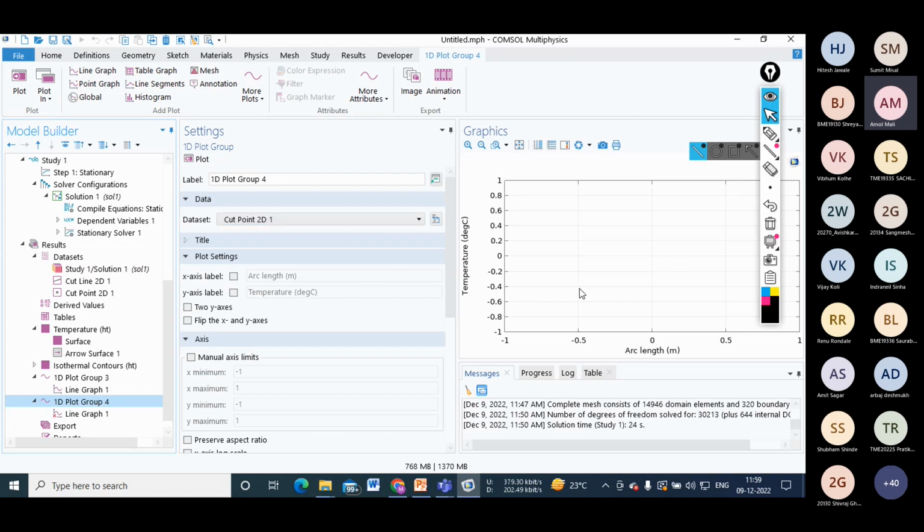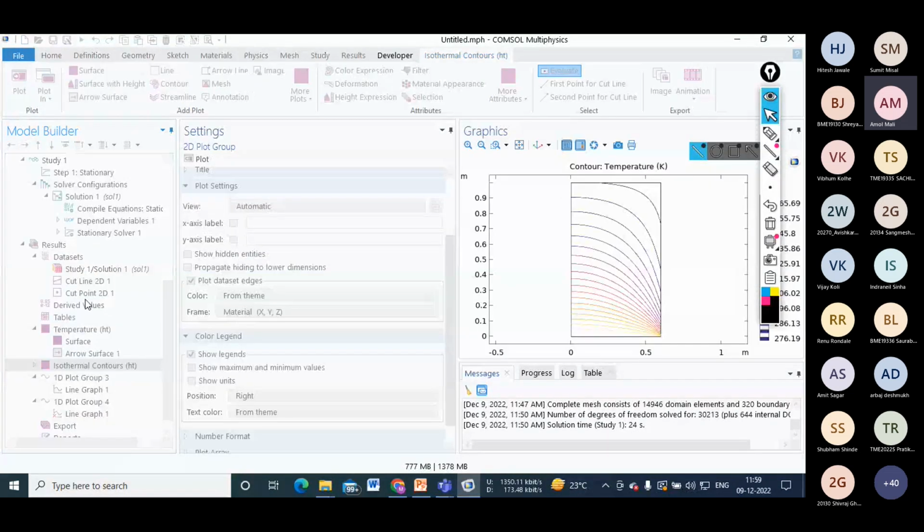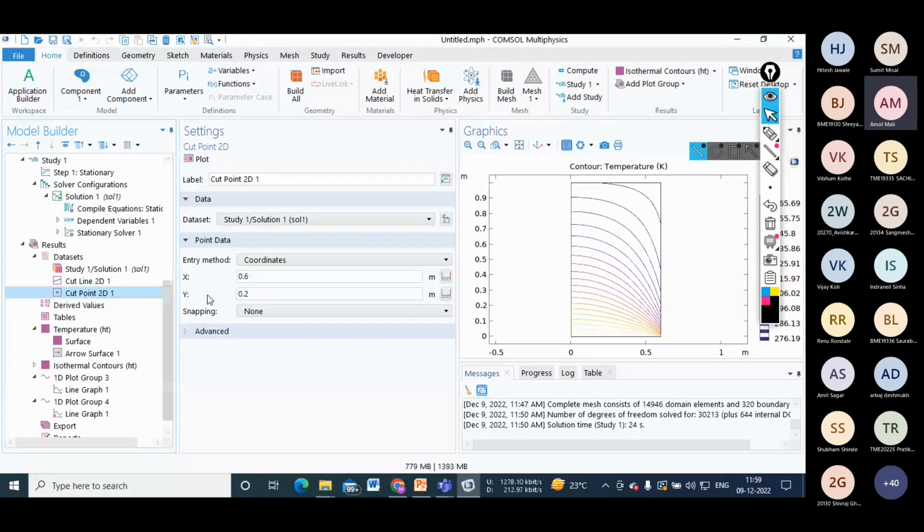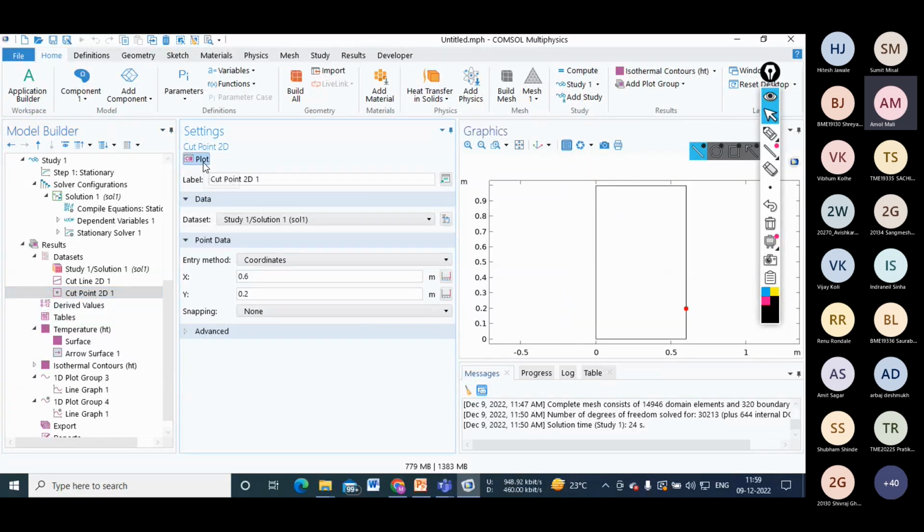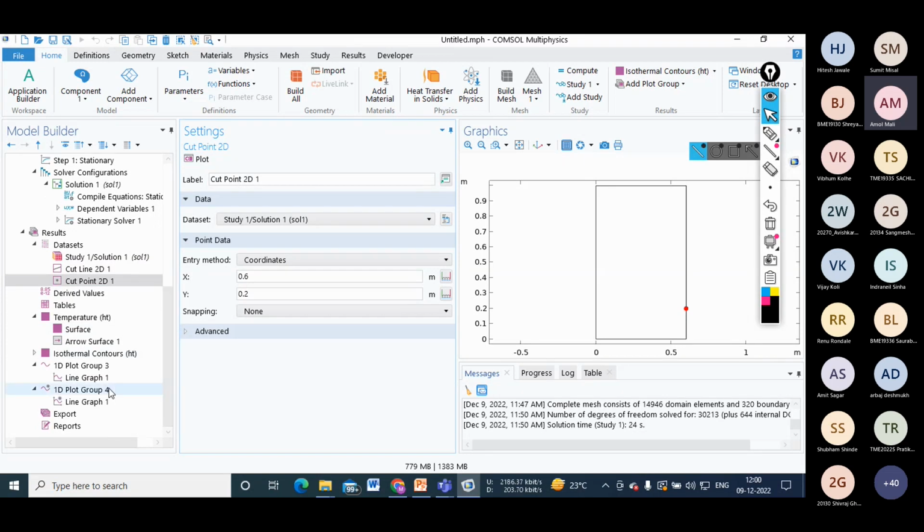So at that point also you can take actually, so at that point also we can check the temperature. But what happened, I will see again 0.6 and 0.2 meter. So point we have plotted correctly in meter. Then next to that cut point 2D.